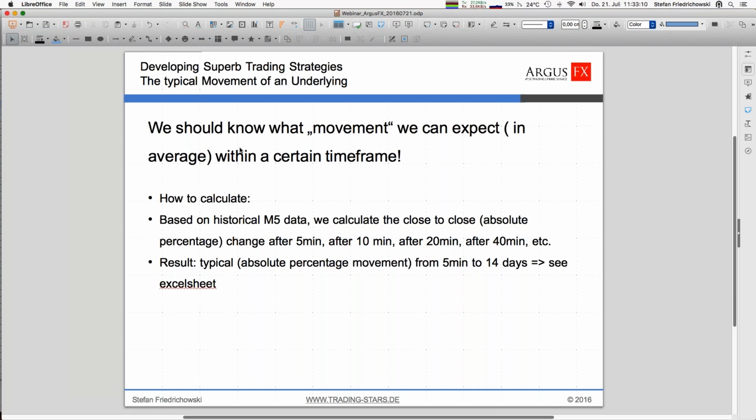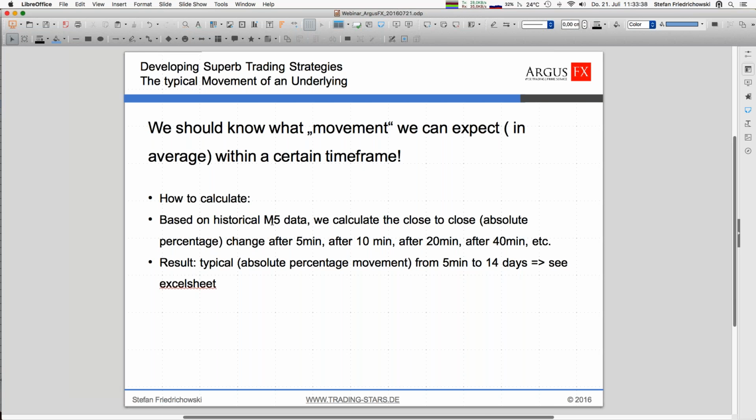That is something I will not show via Excel. You can do it with Excel as well, but since I really want to have data from the 5-minute upwards, the amount of historical data is so huge that you cannot live with Excel anymore.